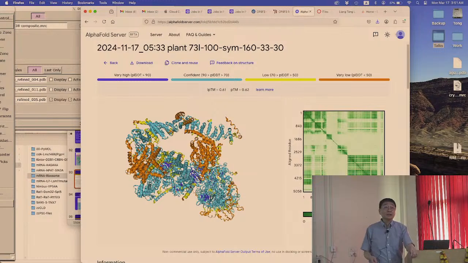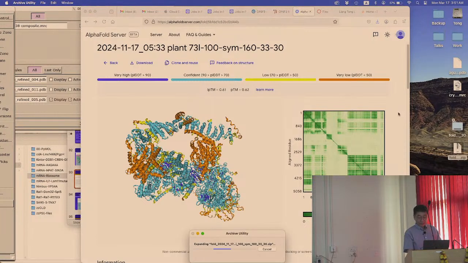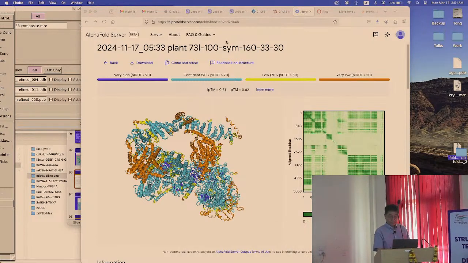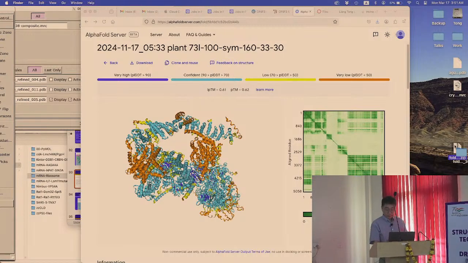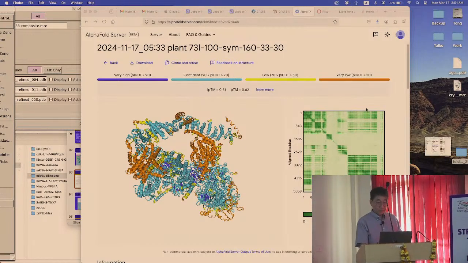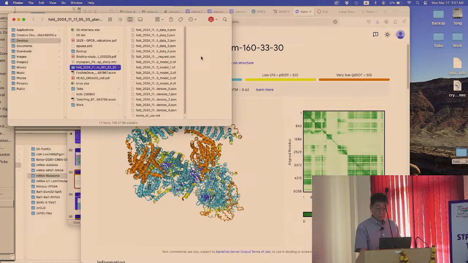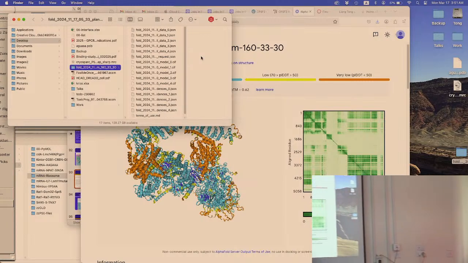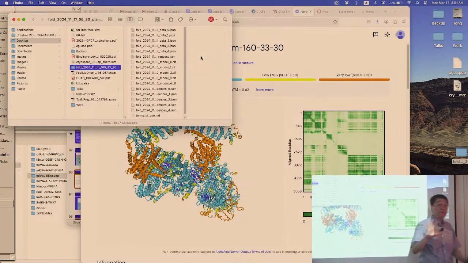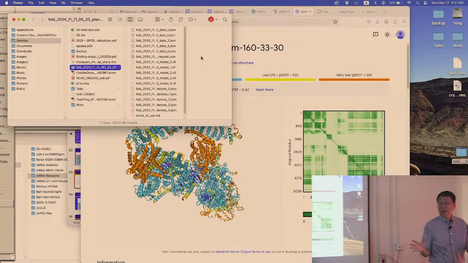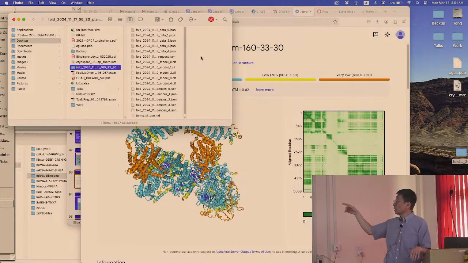All right, the download is done. Let me show you. Essentially it produces 5 models: 0, 1, 2, 3, 4. They are 5 different neural network models, and each one produces a model.